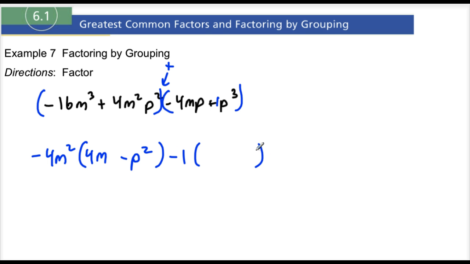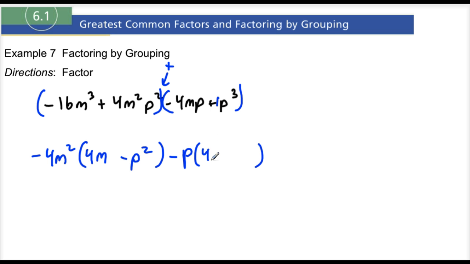This is very important to understand here, that I'm using this as an indication of how I should be factoring my second term. So I want this to be a positive 4m right here. So that means I'm going to factor out a negative p, not just a negative 1, but a negative p, because they each have a p in common. So negative p times what is negative 4mp?